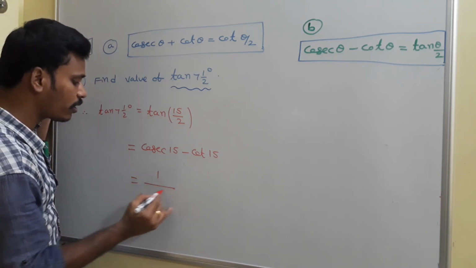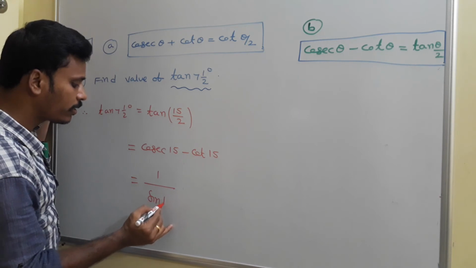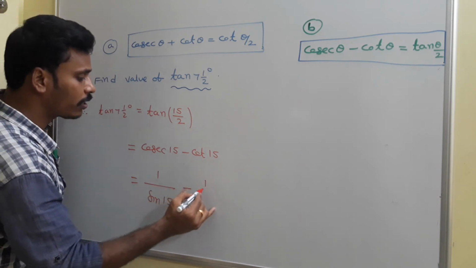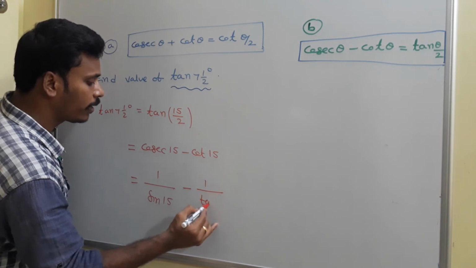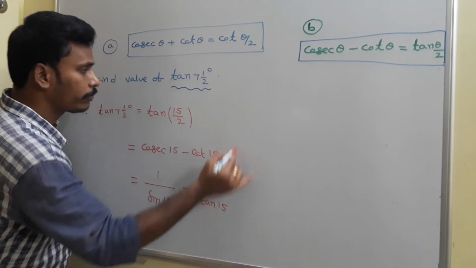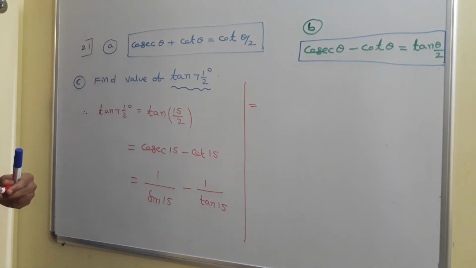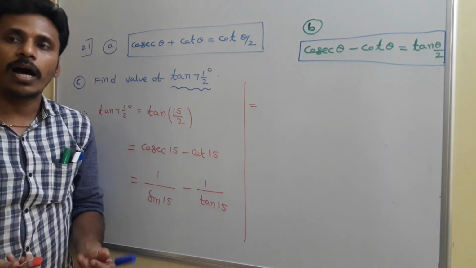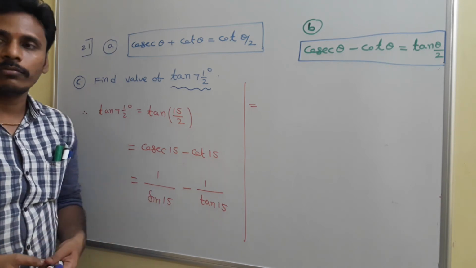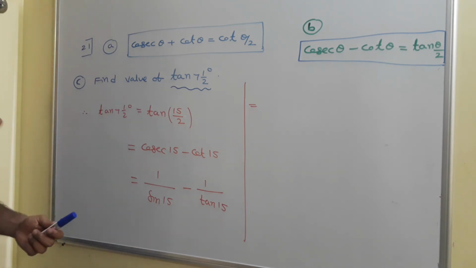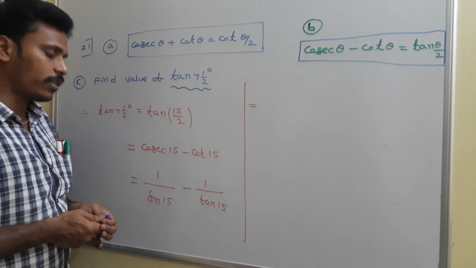Cosecant 15 is nothing but 1 by sin 15, minus cot 15 is nothing but 1 by tan 15. Now you need to use the values of sin 15 and tan 15 if you know them, or otherwise leave them there and then move on. You need to know the values, right? You need to practice those values. What is sin 15? What is tan 15?